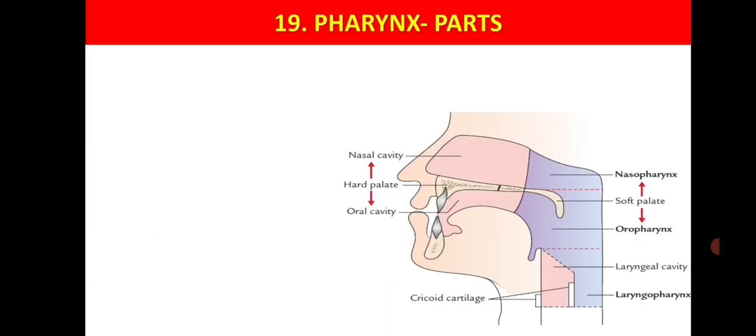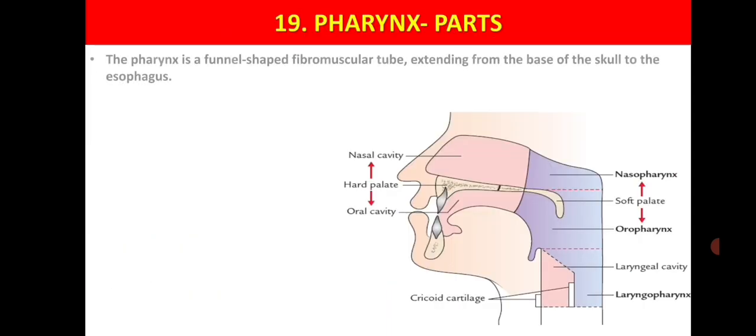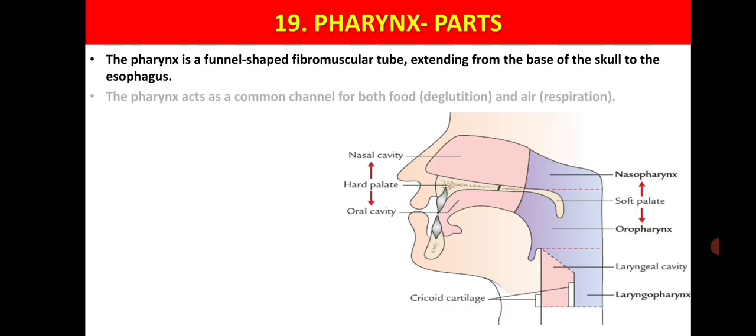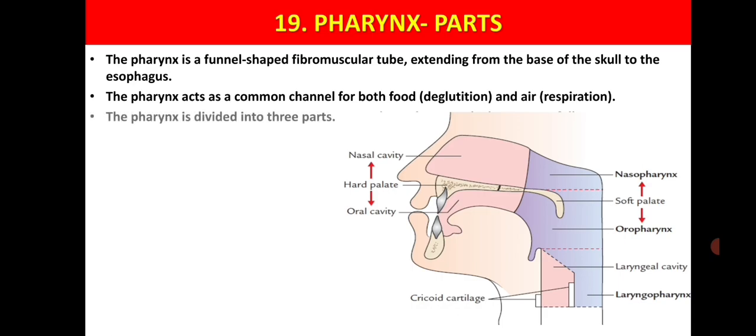The next question is about the pharynx parts. The pharynx is a funnel shaped fibromuscular tube extending from the base of the skull to the esophagus. The pharynx continues as the esophagus, and it acts as a common channel for both deglutition and air. It is divided into three parts.